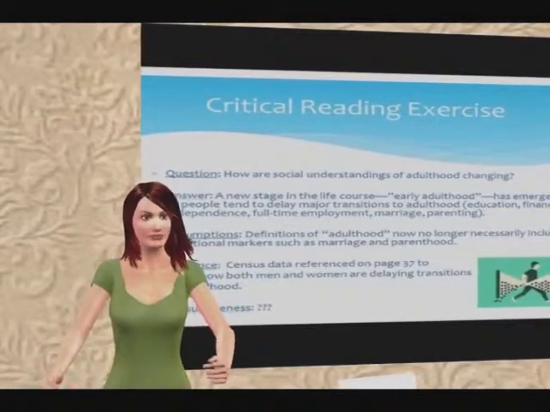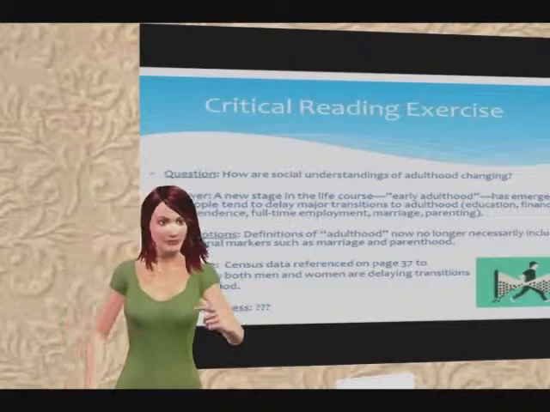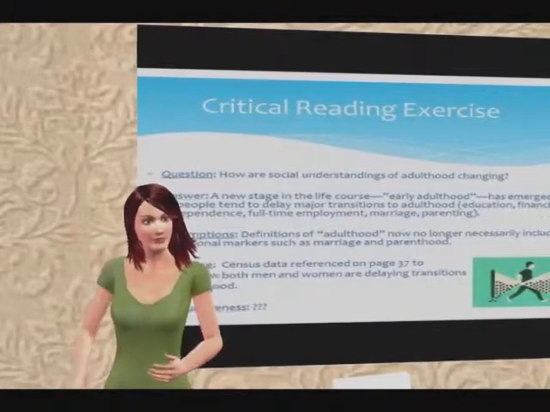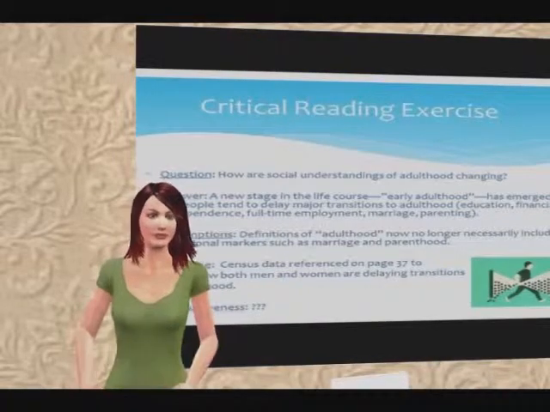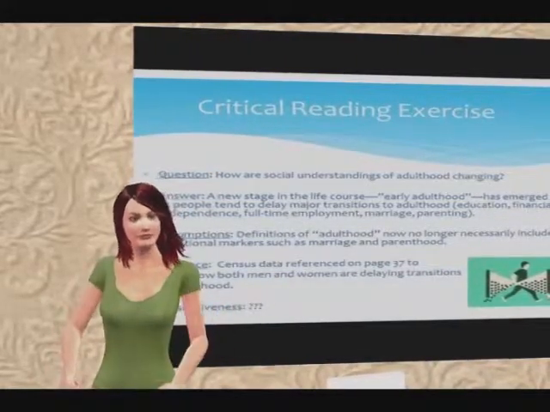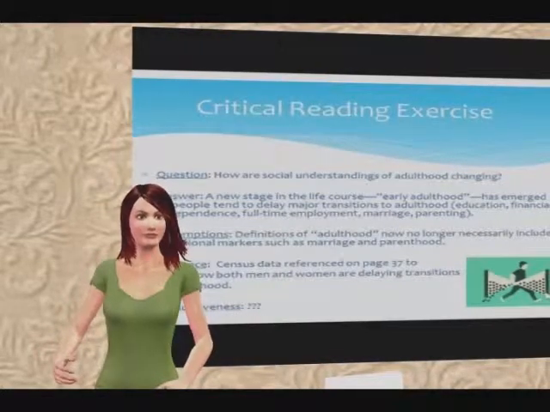But as sociologists, one of the things we do is we really focus on how things like being an adult or even being a child, right, is largely dependent on social norms. Right? What are the social ideas and values and markers that we use to define these life course stages?